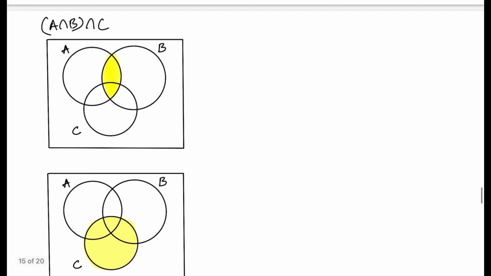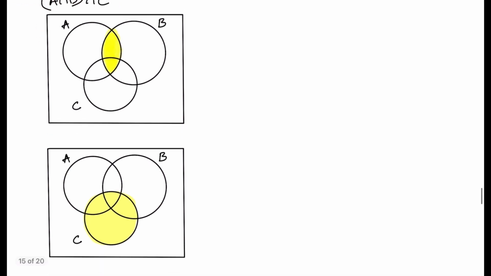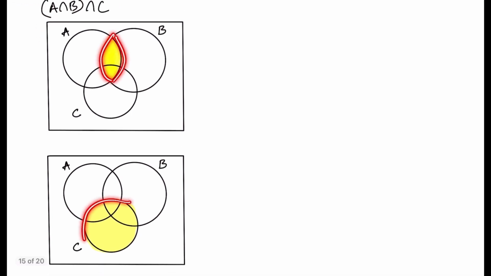So what we have done here: first we have shaded the region for A intersection B, which is this region. Next we have shaded the region for C. Now A intersection B and C have an intersection, which means we have to shade the common region of these 2 regions. The common region between these two is only this region.